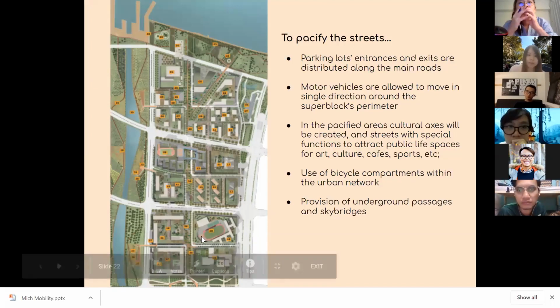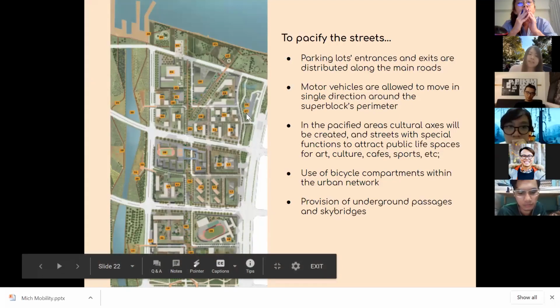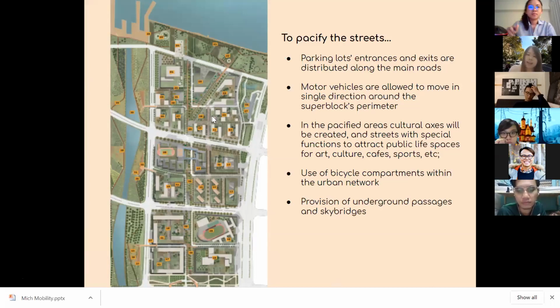And also in all these pacified areas, there will be a lot of cultural hotspots, cafes, and art hubs. This is to make the walking experience more interesting, to encourage people to walk.